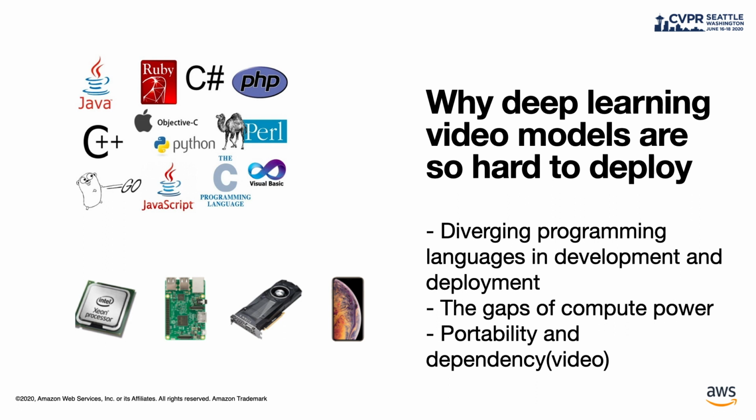If the deployment pipeline isn't scalable enough to support various devices without significant modification, then its value is highly doubted. For video, it's even more complex than traditional images because videos require a large number of libraries to handle, imposing more challenges to maintain dependency and portability across different environments.